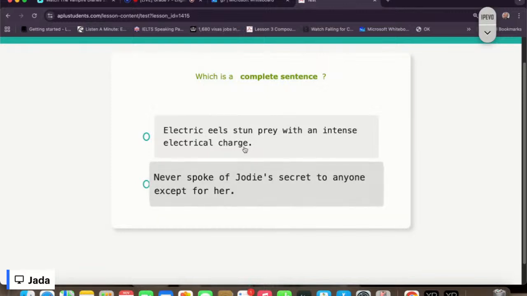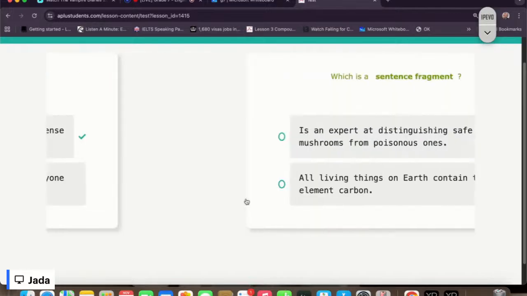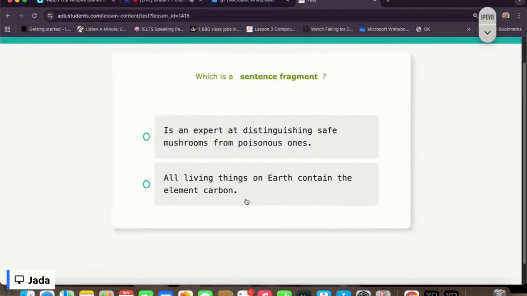All right, so the first one. Which is a sentence fragment, first or second?